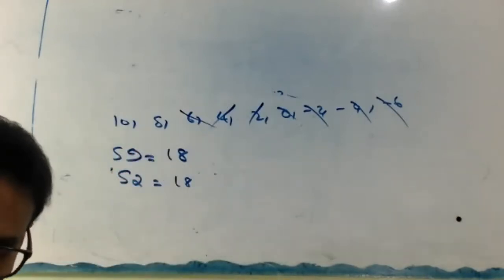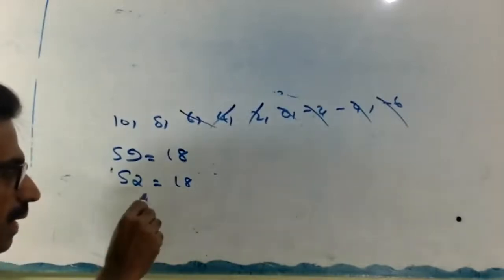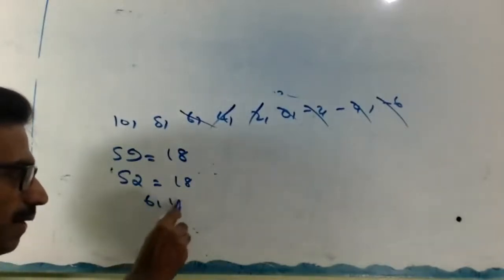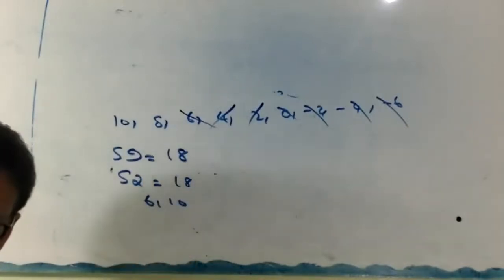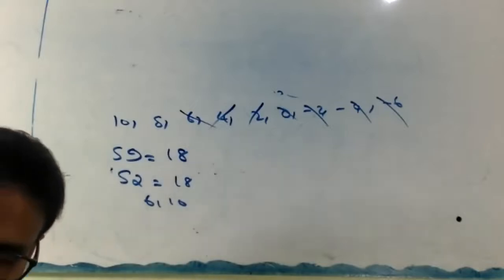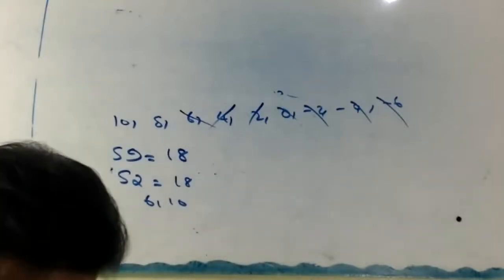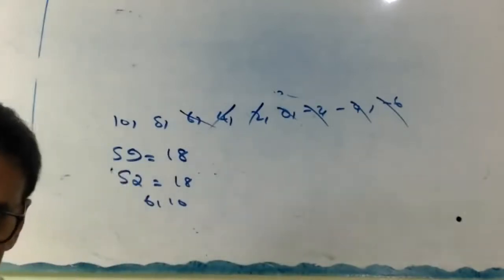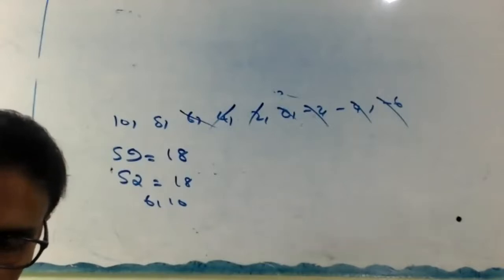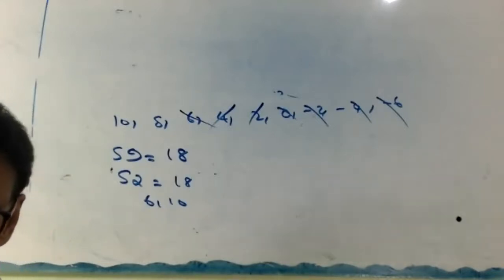Now come to our answers. You got 10 and 6. That means after the sixth term, the remaining terms cancel out each other. You write like this: since the common difference D is negative, the terms go on diminishing. Then after the sixth term, the terms cancel out each other.